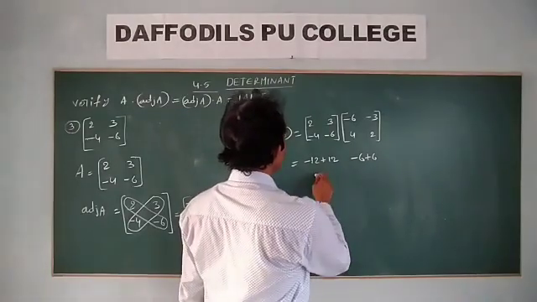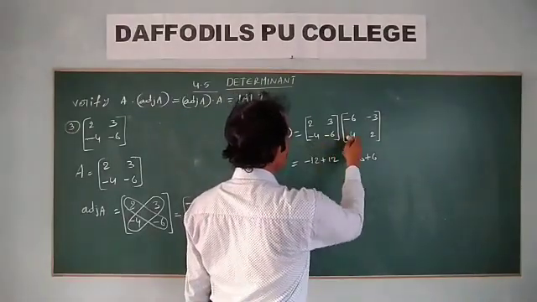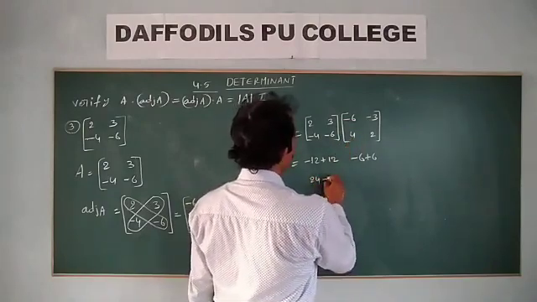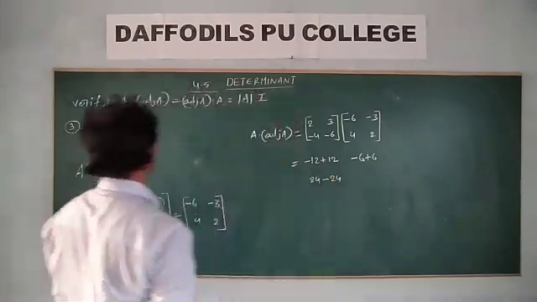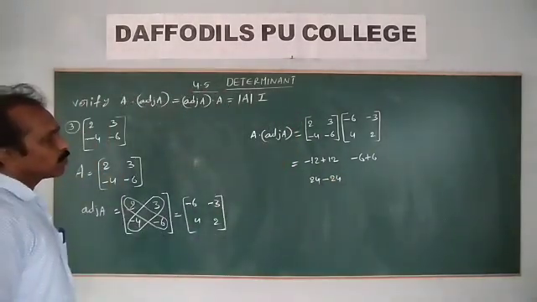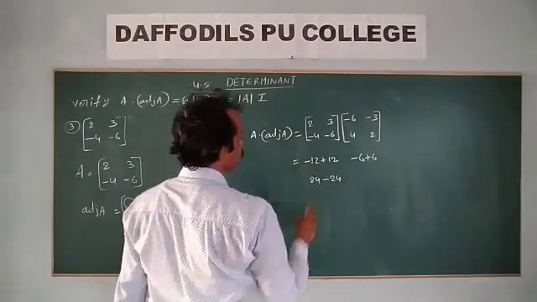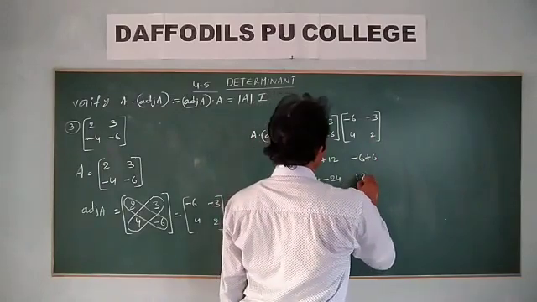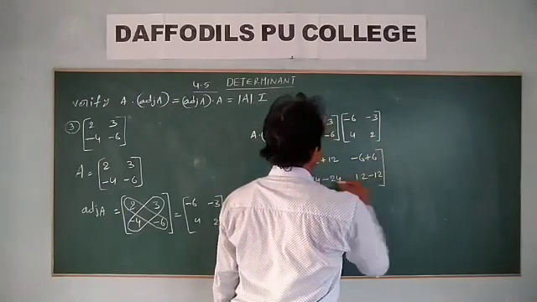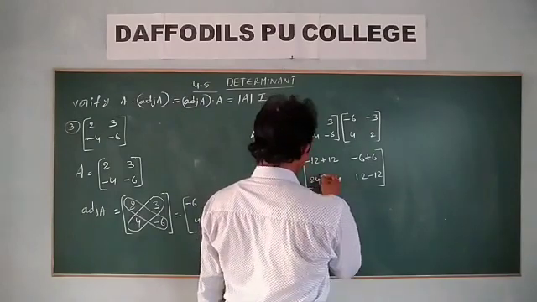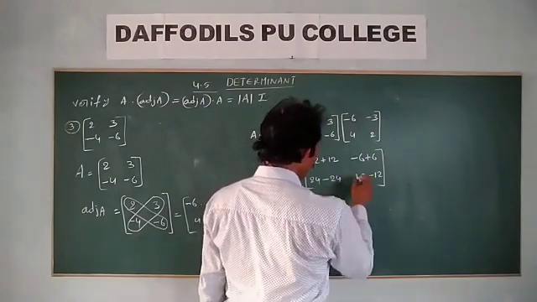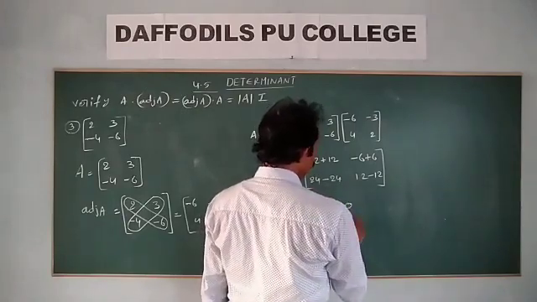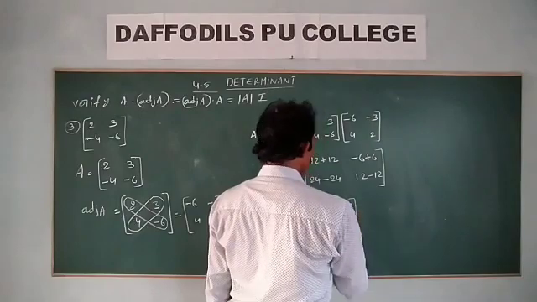Next this row and this column: 24 minus 24. Next term: minus 4 into minus 3 is plus 12, minus 6 into 2 is minus 12. So minus 12 plus 12 is 0, minus 6 plus 6 is 0, 24 minus 24 is 0, 12 minus 12 is 0.